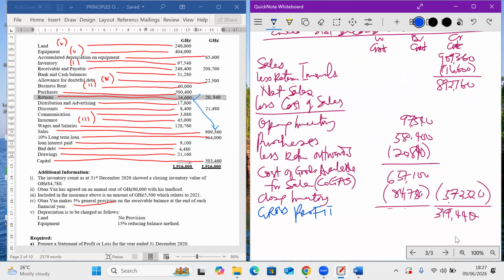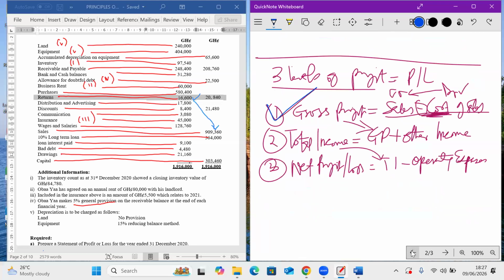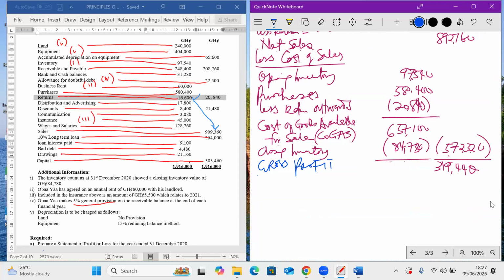What do we do with other income, are we adding or subtracting? Add. Why are we adding? Who can tell me why? Because there are other sources of profit.